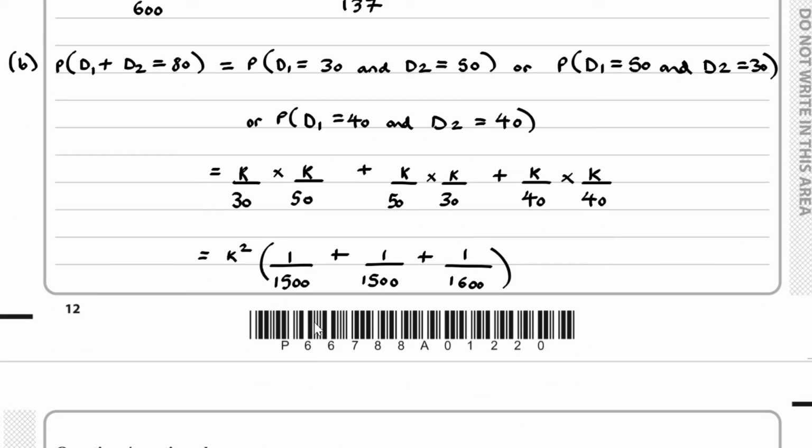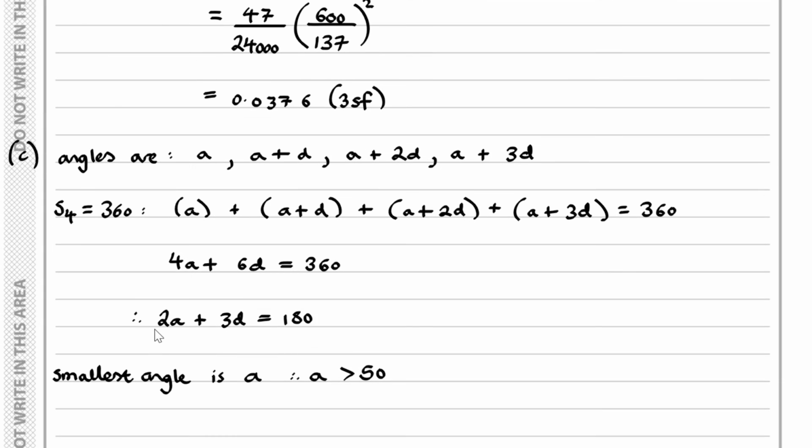And I can use this equation here, the 2A plus 3D equals 180, to find out which values of D are acceptable, given this condition over here.